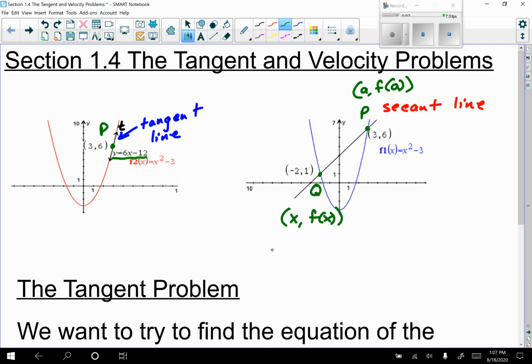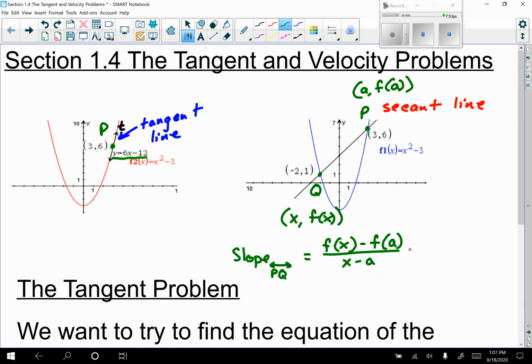So if I wanted to find the slope of line PQ, I'm going to use y2 minus y1, so f of x minus f of a. Technically we can go in any order here, but I want to specifically go in this order. And then x2 minus x1, so I'm going to have x minus a.